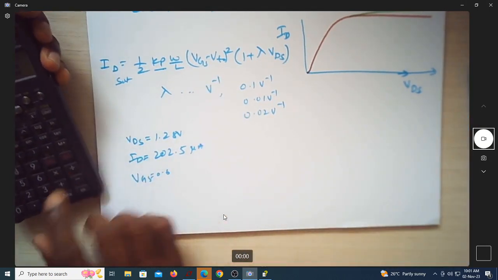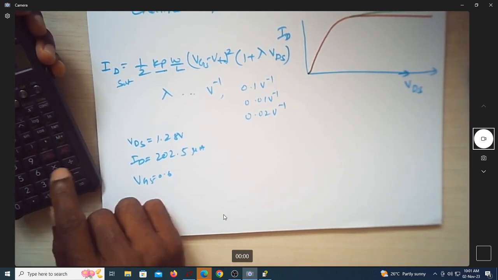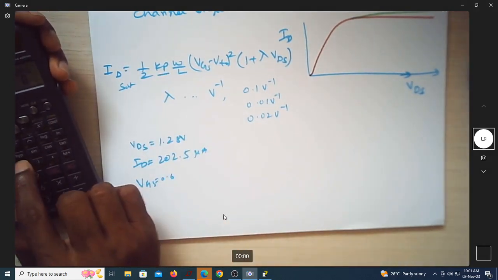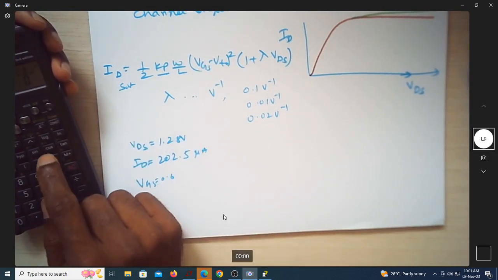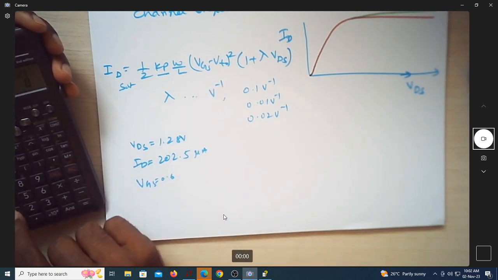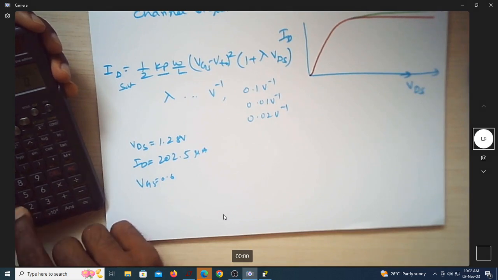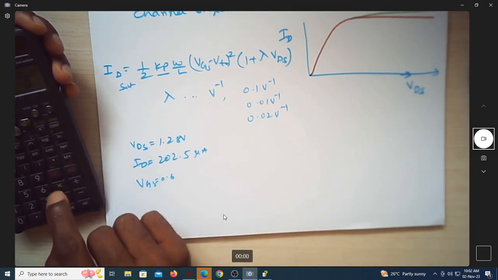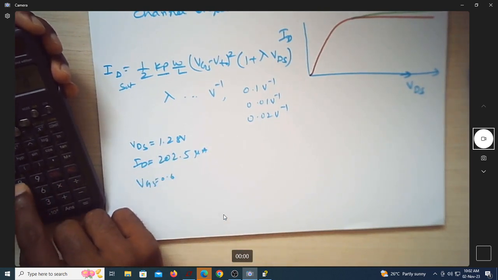So it is now 100e-6 into 50 into, and the reason it's 100 is because it's half into 200, into (VGS minus VTO) which is 0.2, whole square, multiplied by (1 plus lambda, which is 0.01, into VDS, which is 1.28).